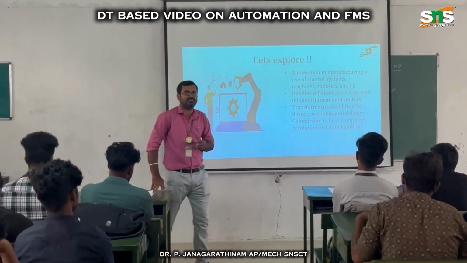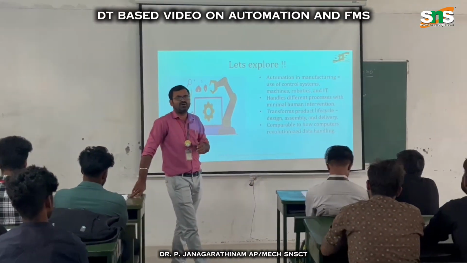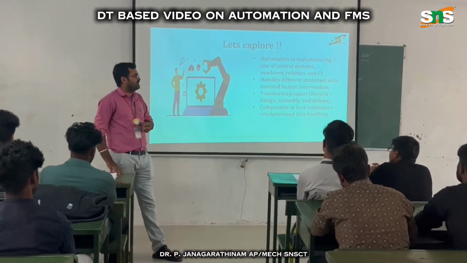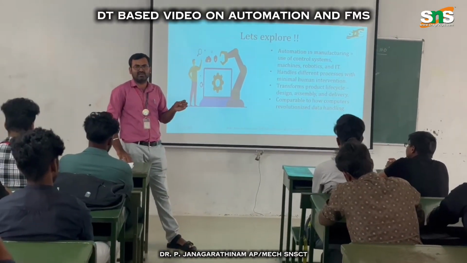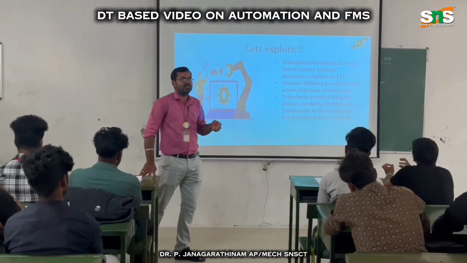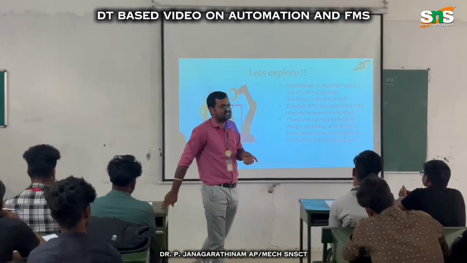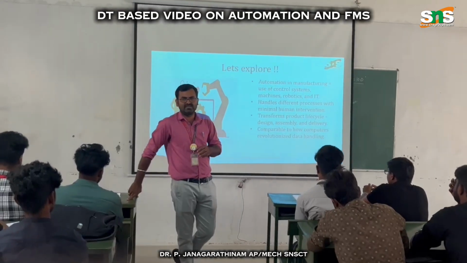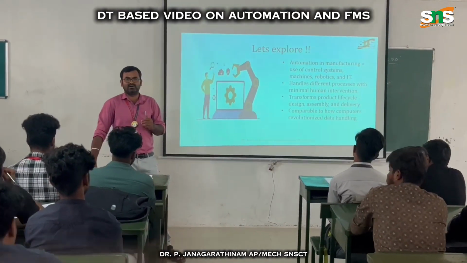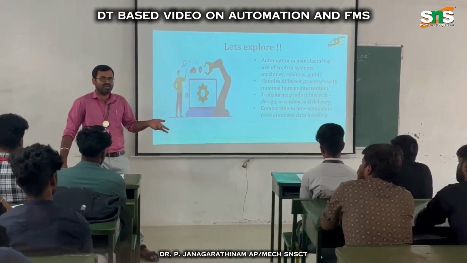The main aim of our automation system is to avoid human usage across the product life cycle, which has different stages like design, assembly, and delivery. In all these stages we use material handling systems to do the activities, like design and assembly, and delivery of the finished goods to the customers.